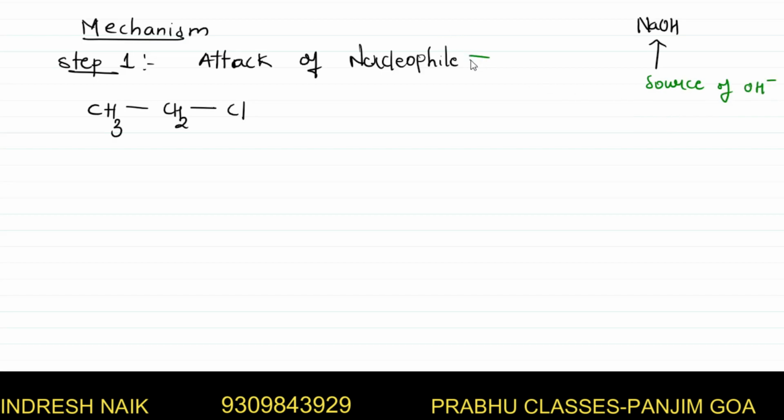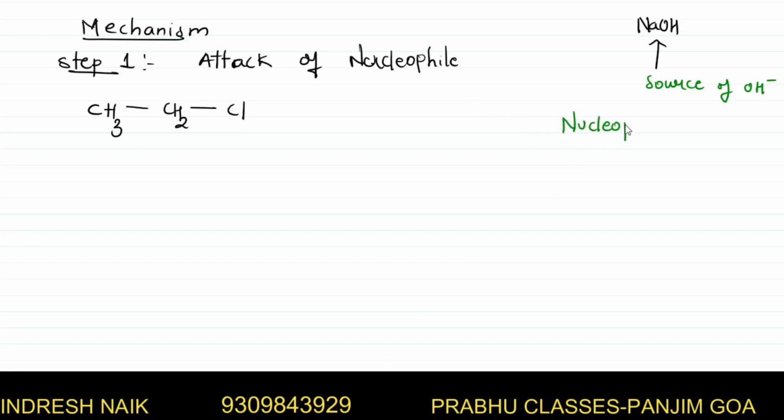What is the meaning of nucleophile? Nucleophile is a definition by definition. See, slowly, you should be adapting to these definitions. What is nucleophile? What is electrophile? So, nucleophile, I'll write the definition over here.